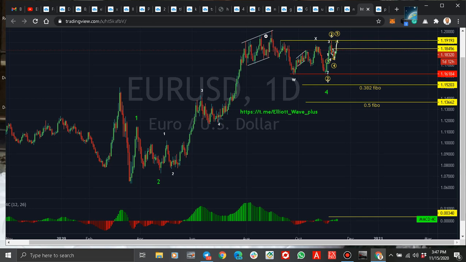That's wave 4 is over. I suspected that it will be a zigzag, but now it is a flat WXY.